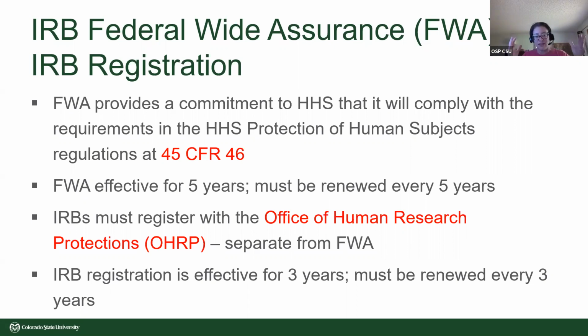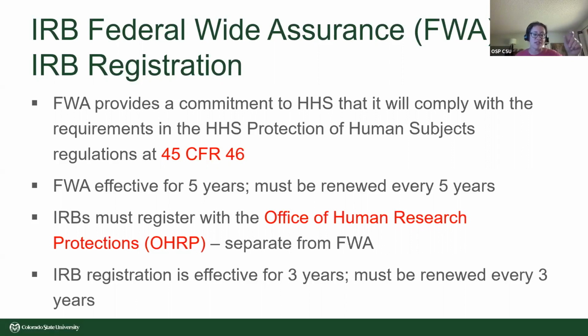So that's something that an institution gets. This is not your investigator's number for their protocol where they've gone through internal review and they get a protocol number. This is your institution's registration saying we, as CSU, are going to comply with all these federal regulations on the makeup of our IRB, on the training of folks who are conducting human subjects research.